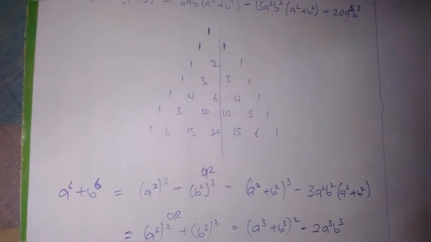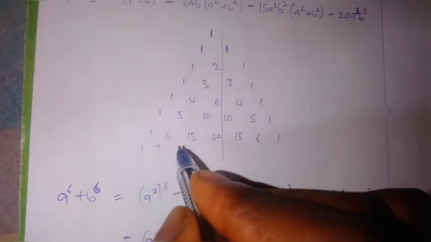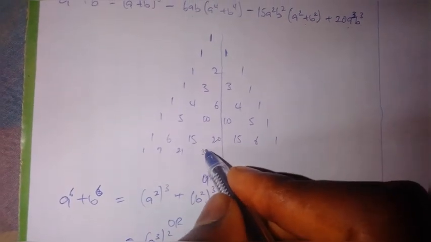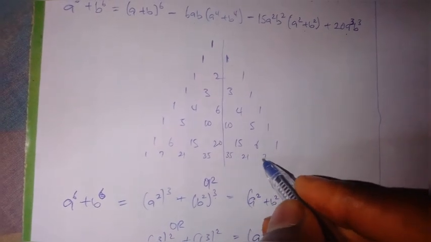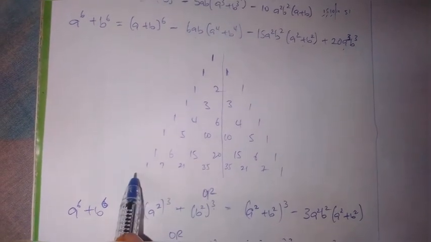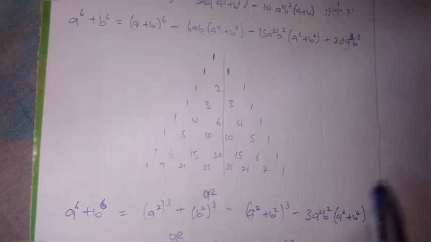Now for a raised to power 7, you can try that one out. For 7, I'll be having 1, 7, 21, 35, 35, 21, 7, 1. So I'll just need to factorize all these and then conclude.